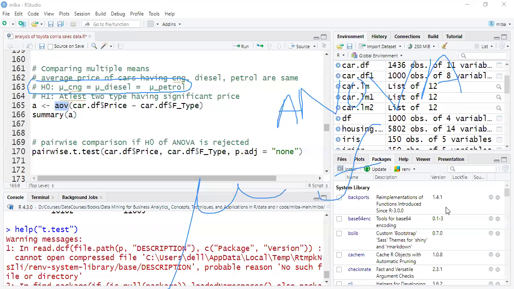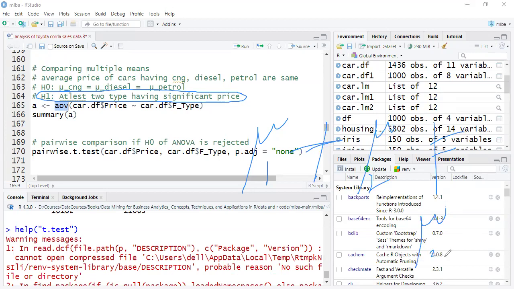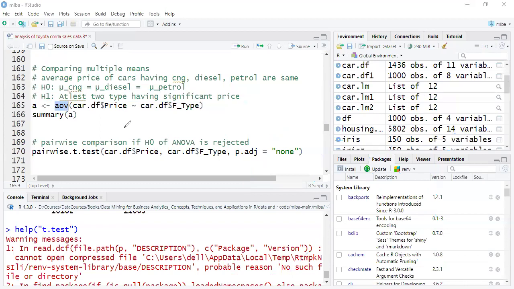And your alternate hypothesis is what? Your alternate hypothesis is that at least two types of car have a significant difference. So it will not be written as mu1 is not equal to mu2 is not equal to mu3. This is not the alternate hypothesis of ANOVA. This is the wrong way of writing the alternate hypothesis. The alternate hypothesis is represented as: at least two means are not the same.